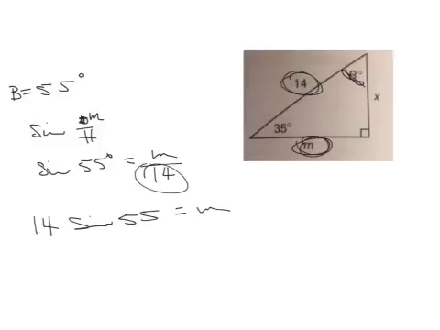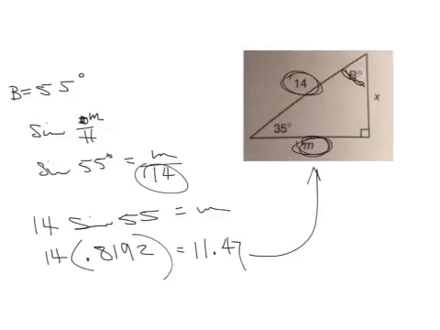So 14 times sine of 55, you put that in your calculator, and again you're getting an estimate, 11.47. Okay, that should be pretty close to what we got when we were using the 35. And we found the cosine of 35 is adjacent over hypotenuse.